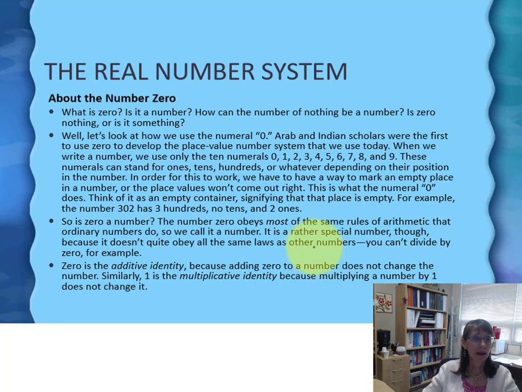The only thing that we'll really have to watch out for is knowing that we can't divide by 0. 0 is the additive identity because 0 added to a number will not change the value of the number. Likewise, 1 is the multiplicative identity because multiplying a number by 1 does not change its identity.